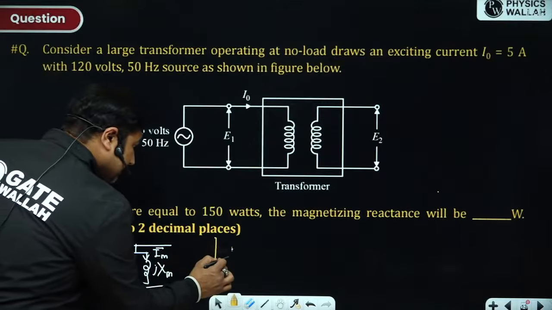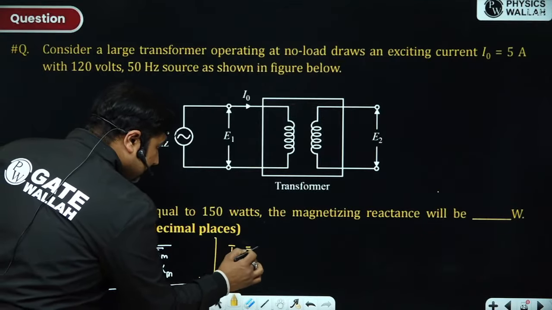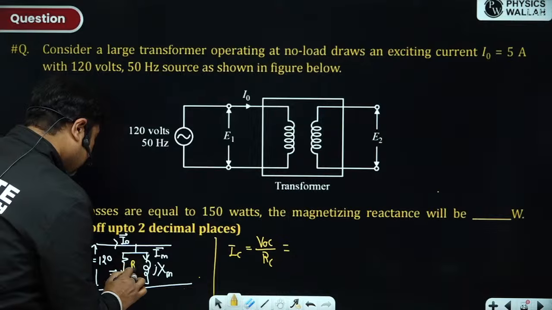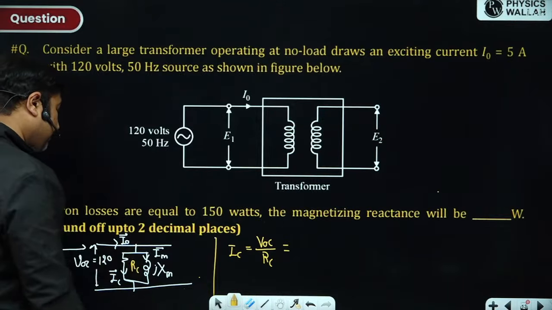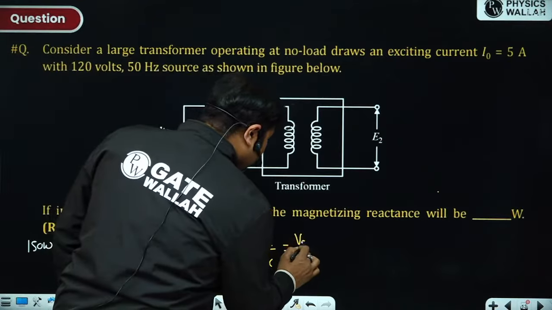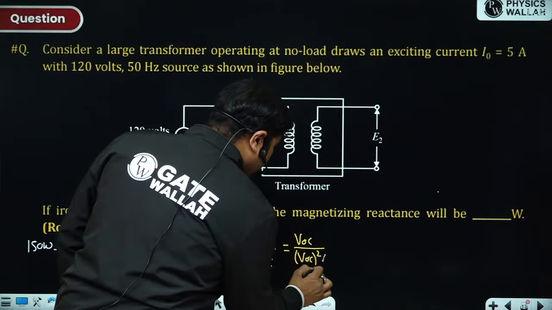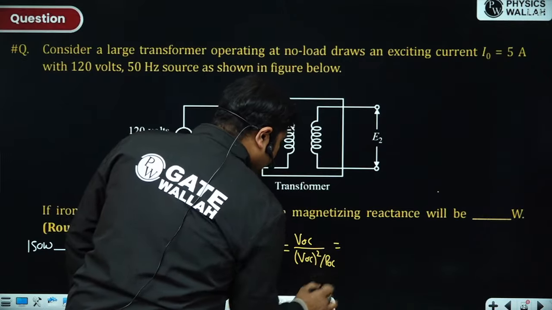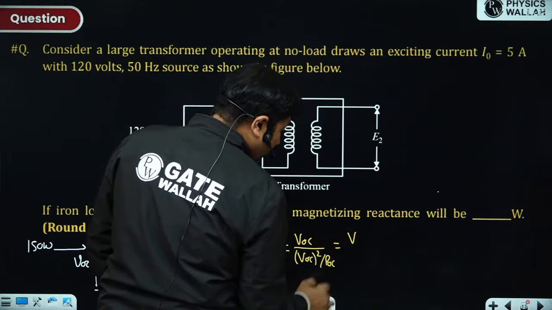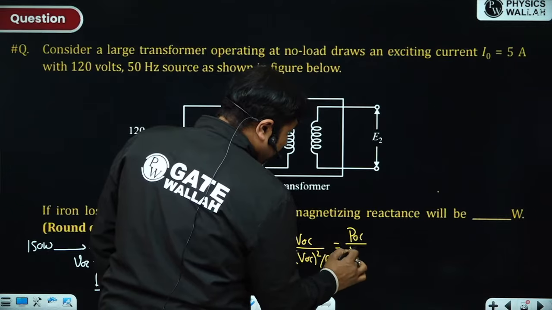What is IC? IC is VOC by RC. And what is RC here? RC is VOC square by POC. So from here you can write IC will be equal to POC by VOC. Very simple.